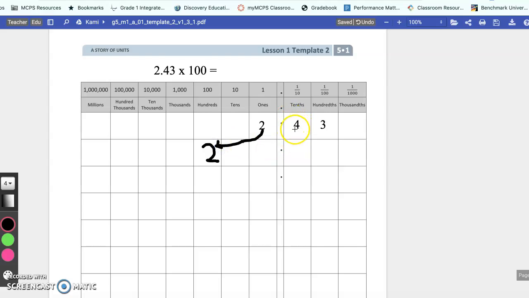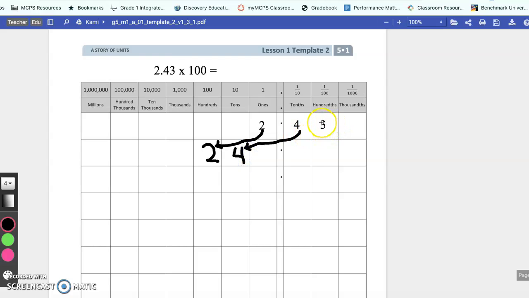If I think about my 4 tenths, I know 4 tenths times 10 would create 4 ones, and 4 ones times 10 would make 4 tens. 10 times 10 is 100, so 4 tenths multiplied by 100 is 4 tens.